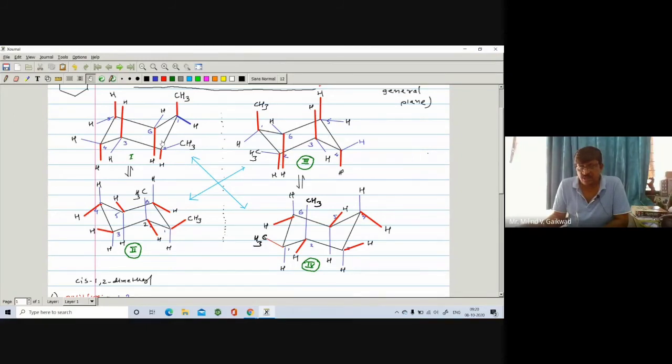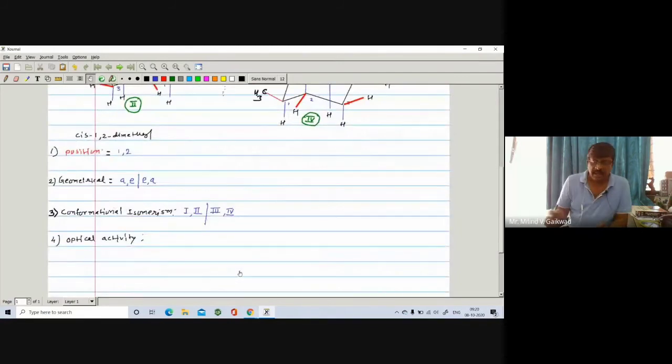So they are optically inactive. It was actually expected to be optically active, but here it is found to be an optically inactive compound.